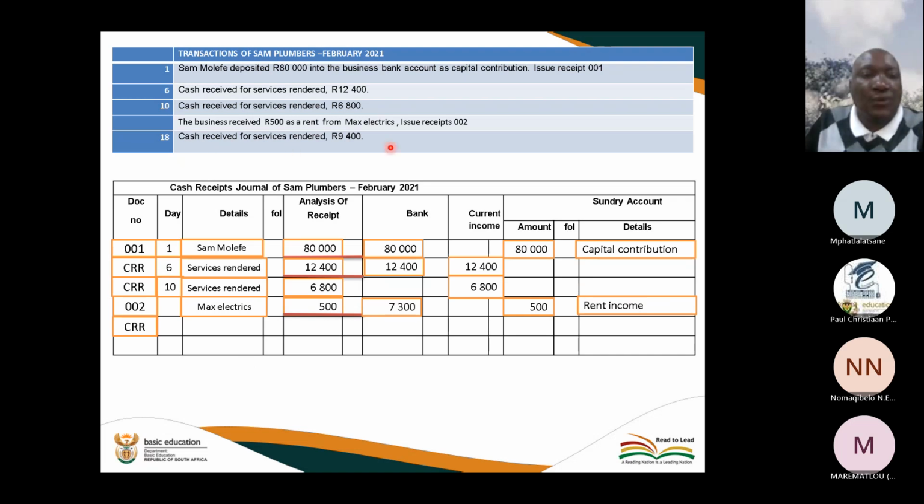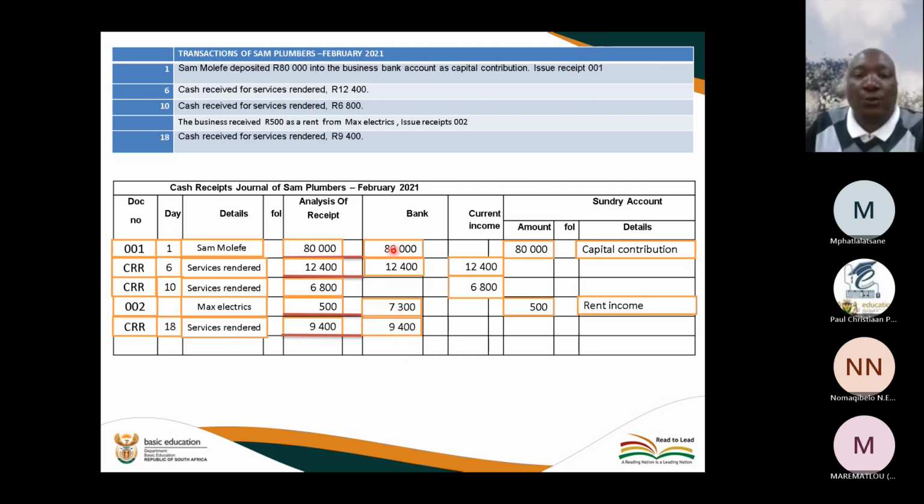It was on the 18th, cash received from services rendered is CRR under the document. When was it? On the 18th, and then services rendered, and the amount is 9,800. And then that is the only amount that we received on this day. And then we indicate by drawing the line to ensure that that was the only amount that we have received on that day.